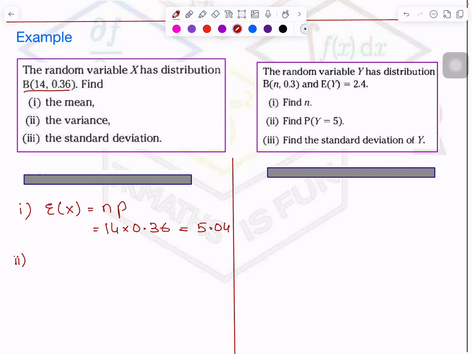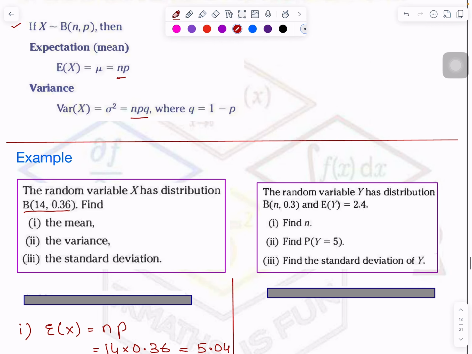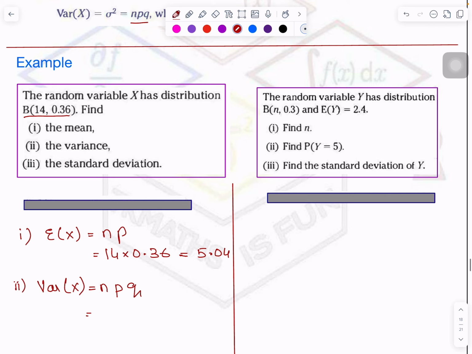And how will you calculate the variance? What is the formula for variance? Variance is npq. Right? And what is q? We have already seen q is 1 minus p, because p and q together make 1. So I can write here 14, 0.36.